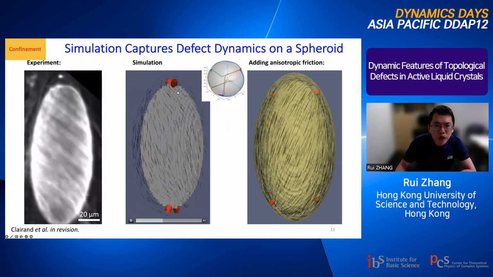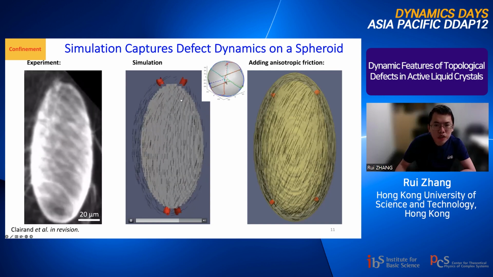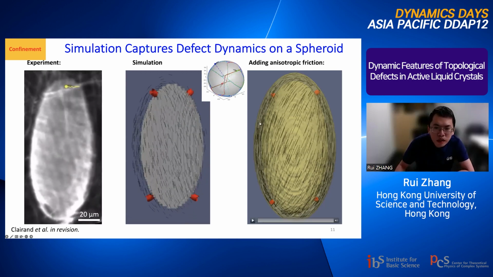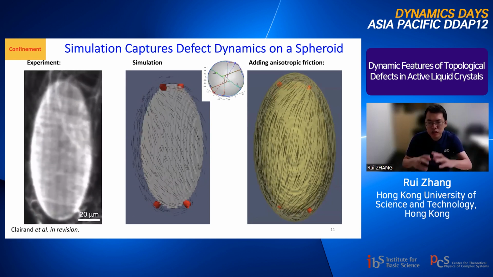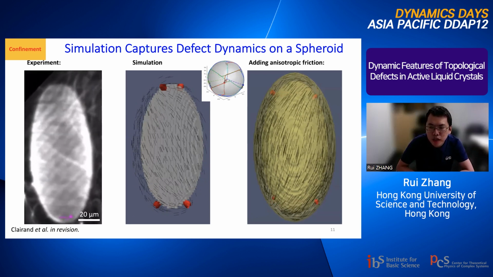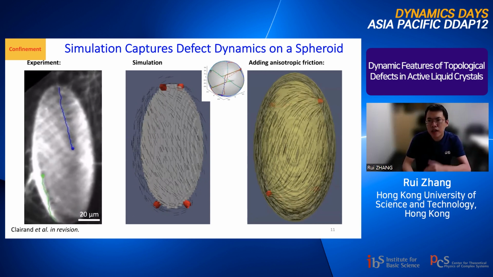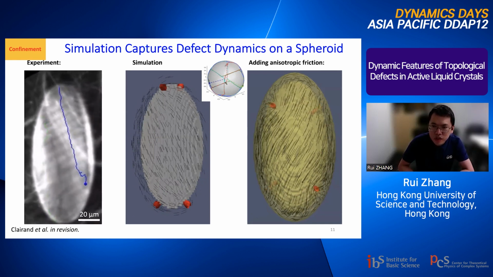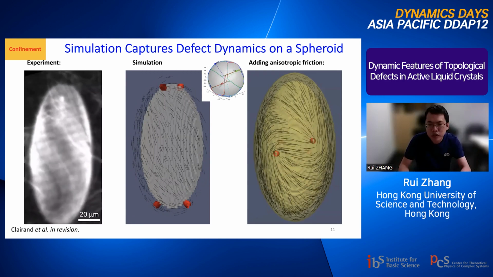So these 2 pairs rotate clockwise, but when they exchange positions, they actually rotate counterclockwise. So to account for the difference, we introduced an anisotropic friction because this is an adhesive droplet in the smectic phase, and we have the smectic layers that provide anisotropic friction to the hydrodynamic flow. By including that anisotropic friction, we can capture this physics so that the handedness of the defect rotation will be preserved in the simulation.